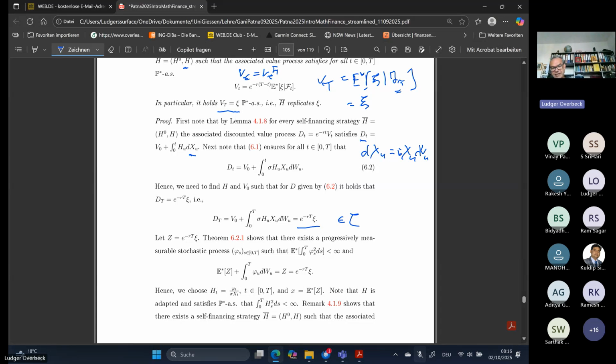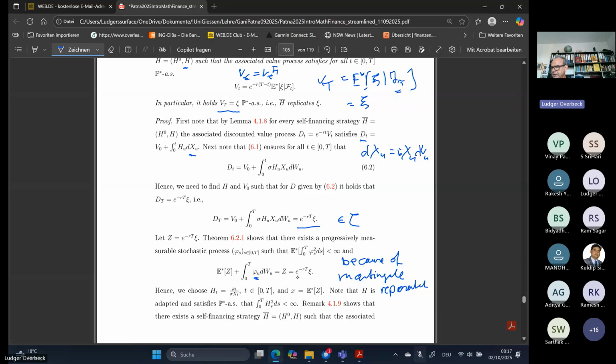That's reachable in the sense of it being a random variable to which we can apply the martingale representation theorem. This means we find a phi_u, because of the martingale representation.